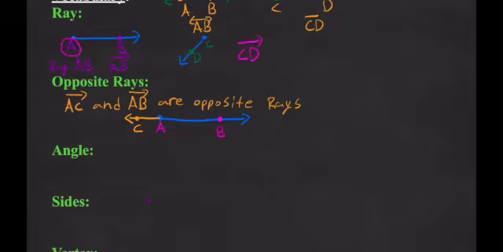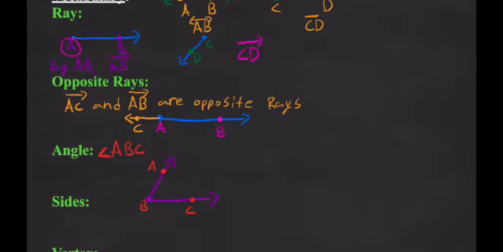The two rays are joined together at a single point. Let's call this A, B, and C. We use this symbol to say angle ABC.